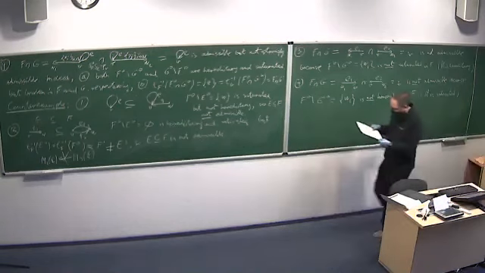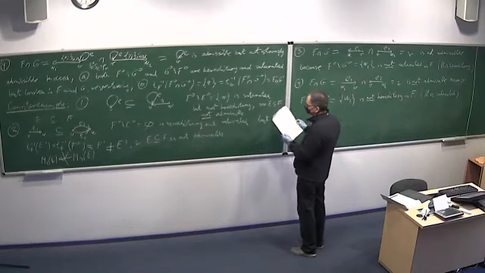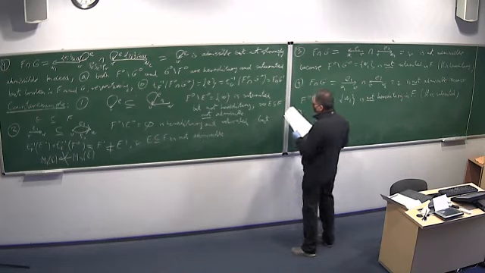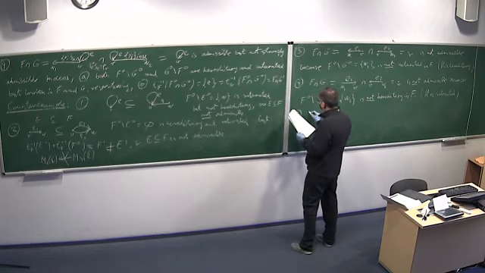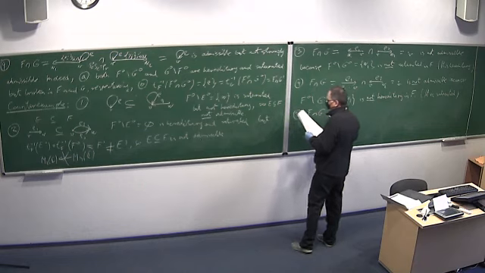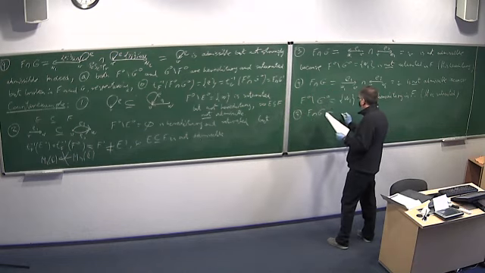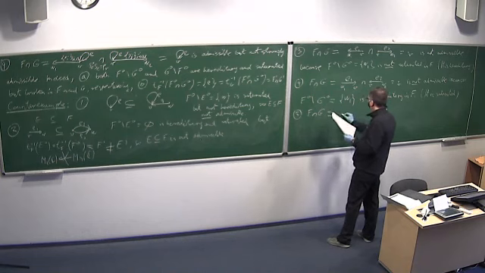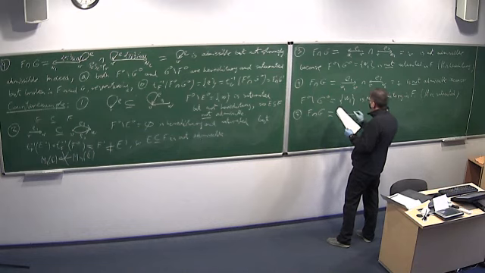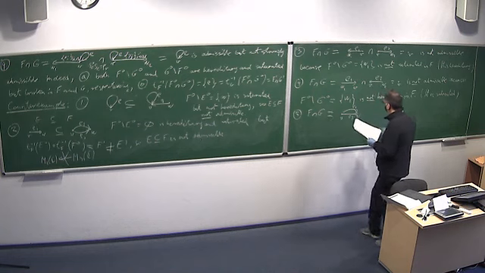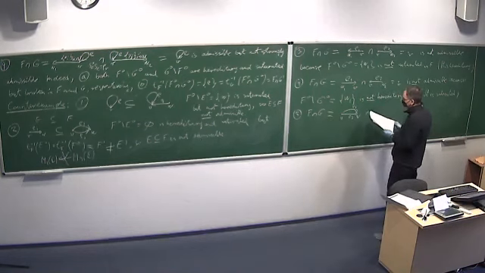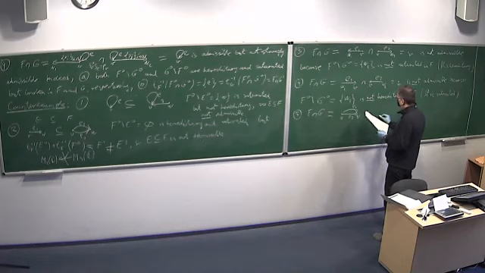I have one more counterexample. Now I take my intersection as follows. I have again just two vertices, V and W. But now I have edges E1 and E2 mapping from V to W, and I intersect it with a graph with the same vertices, V and W, but different edges.